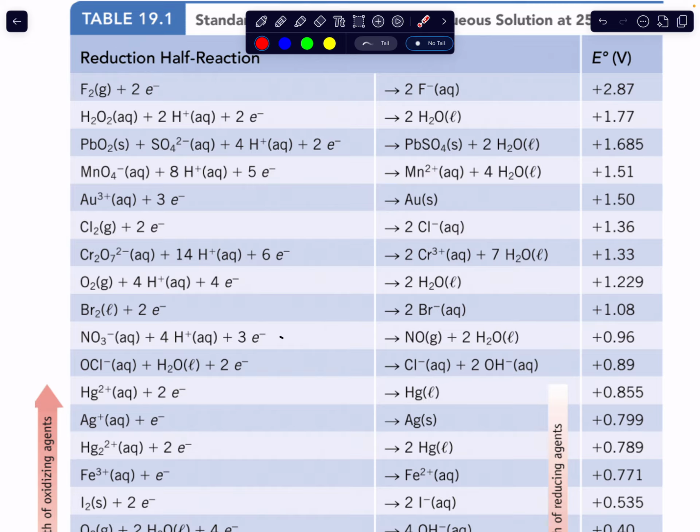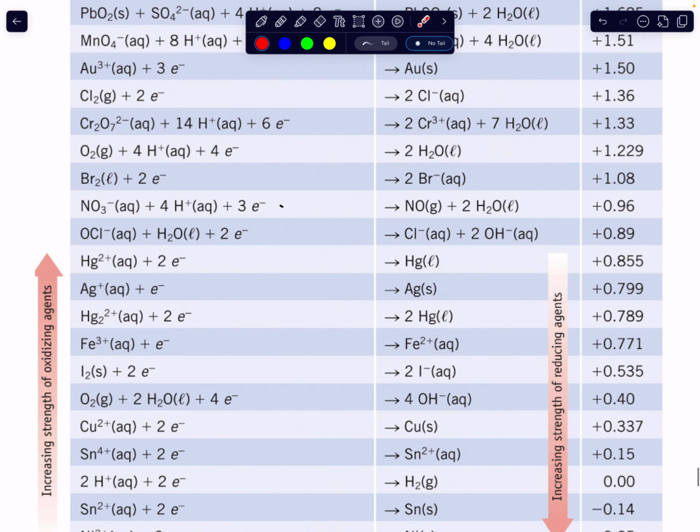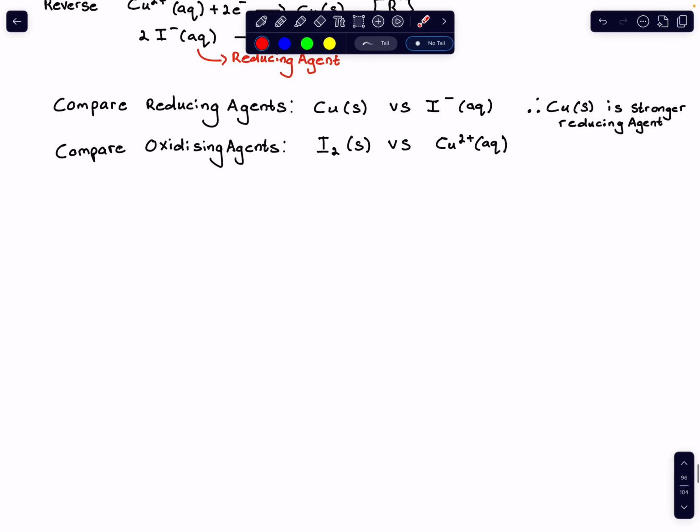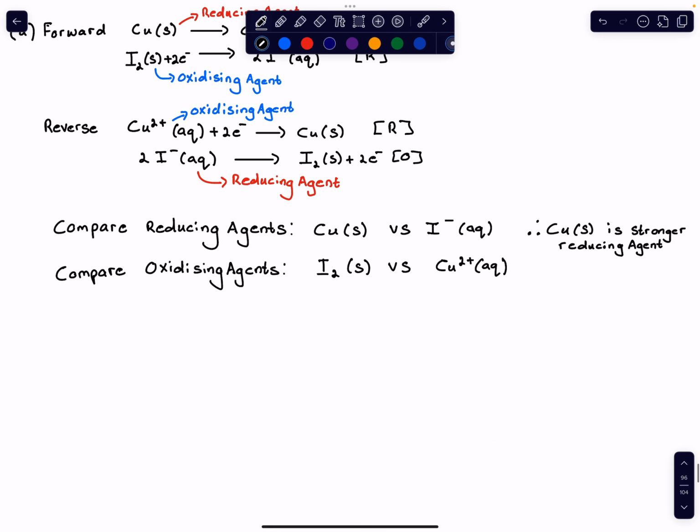The higher a species is at the top here means the stronger oxidizing agent they are, the more they want to undergo reduction. So I2 is a stronger oxidizing agent than copper 2+.